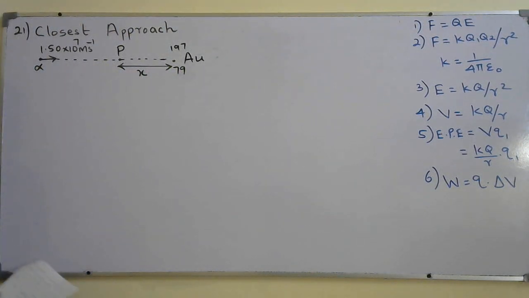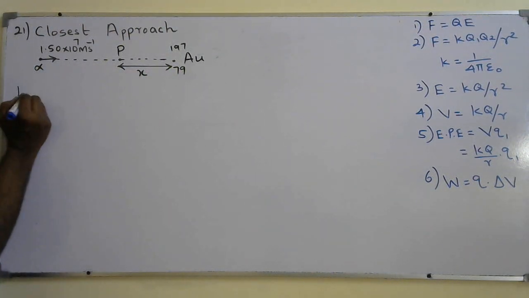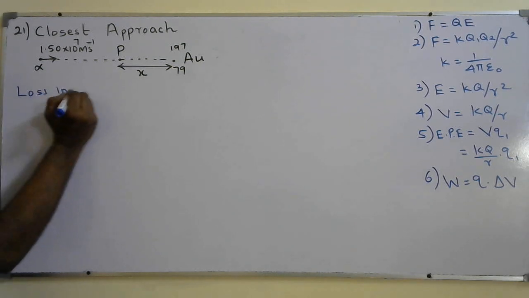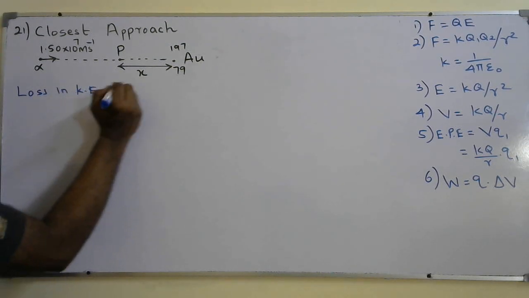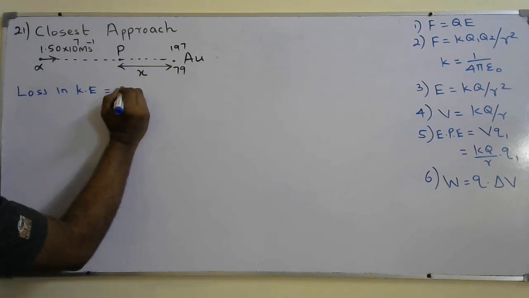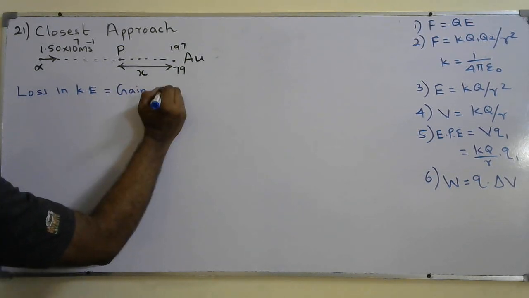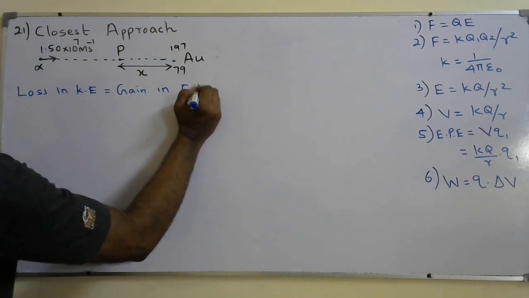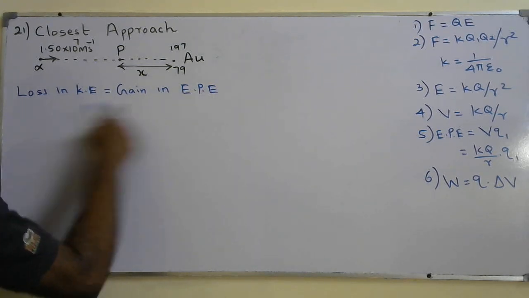So we can say: loss in kinetic energy equals work done against the electric field, or gain in electrical potential energy, for the alpha particle.